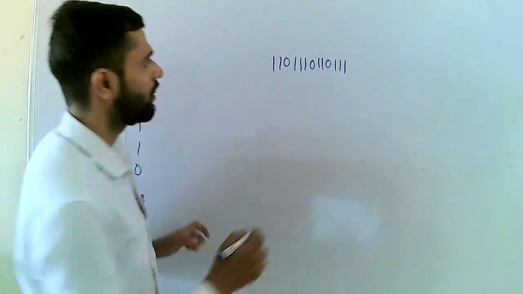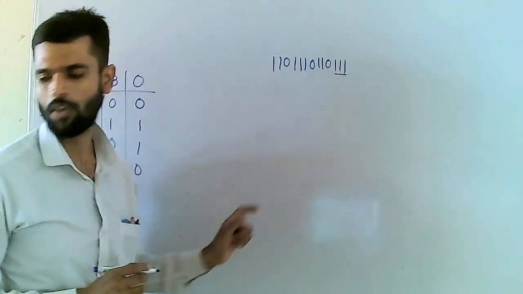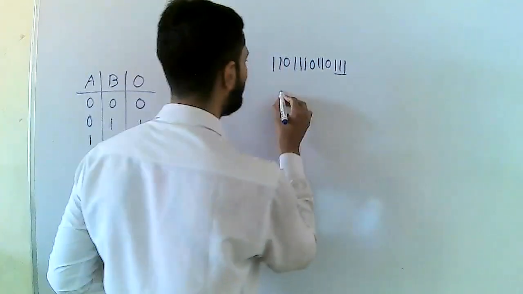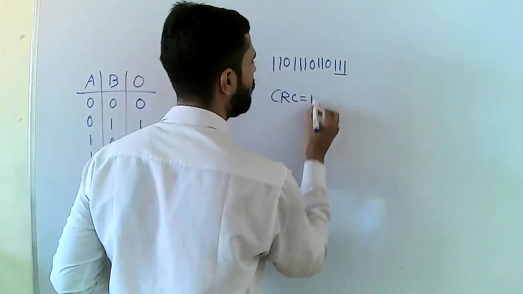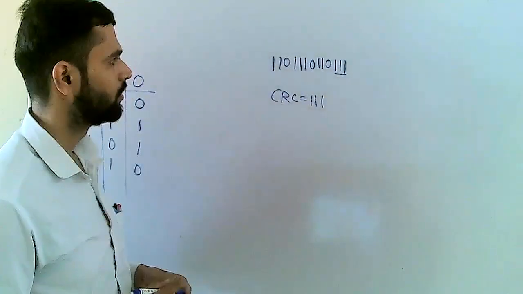Okay. So our CRC is what? CRC is this value. Okay. That is, cyclic redundancy code is what? 1 1 and 1. Okay.